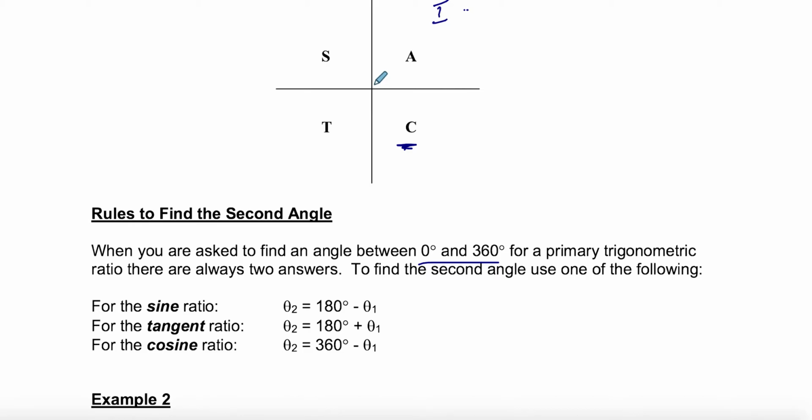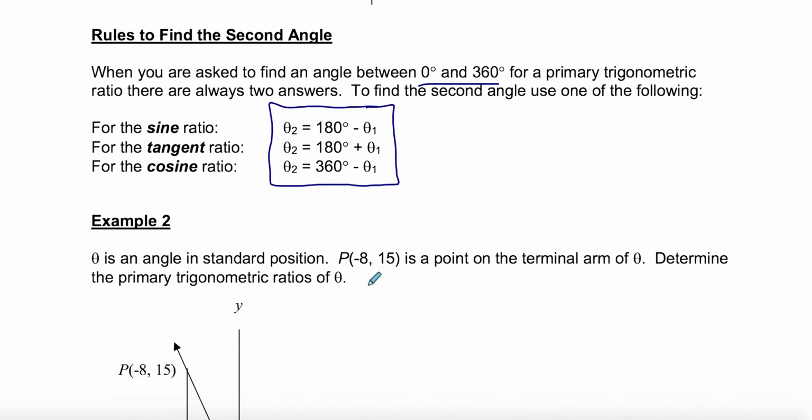Tangent, if I had an angle where tangent was positive up here, if I did 180 plus that angle, my angle would be over here, and tangent would also be positive in that quadrant. For the cosine ratio, I'm going to take 360 minus theta. So I have an angle up here that is positive for cosine, and if I do 360 minus that angle, my angle will be over here, which will also be positive for cosine. So this is something that you might have to point out or highlight and try to remember for some of the questions that we'll do.